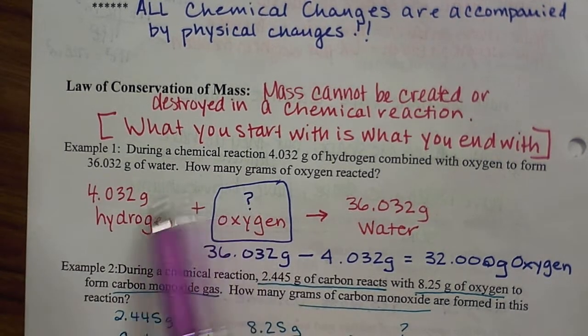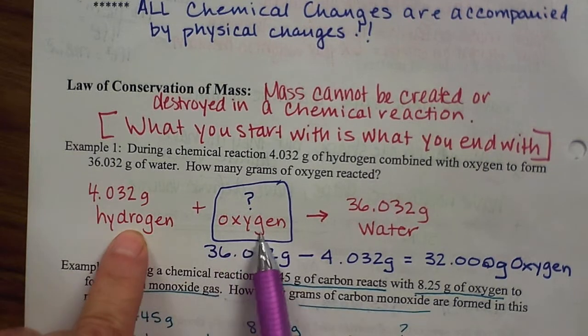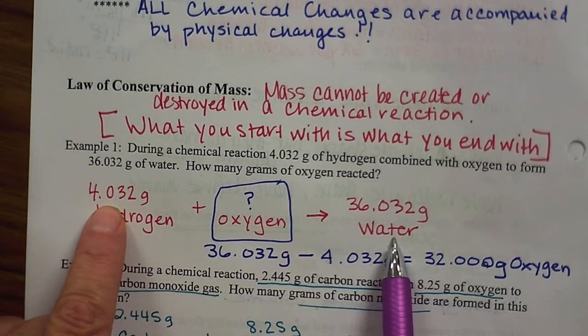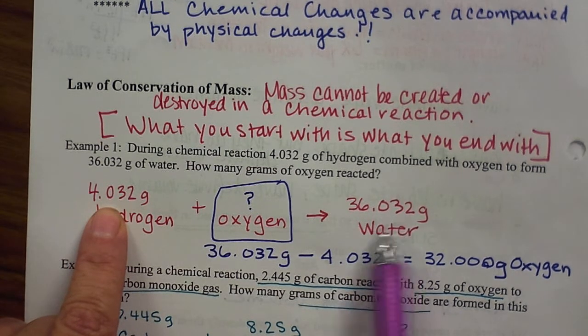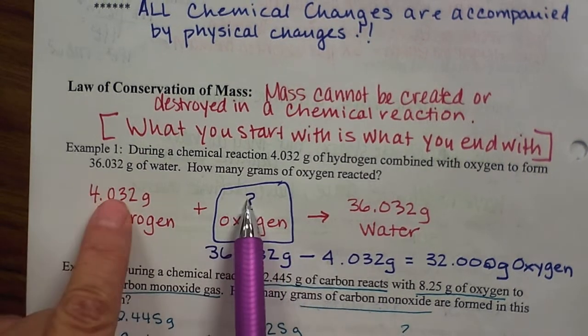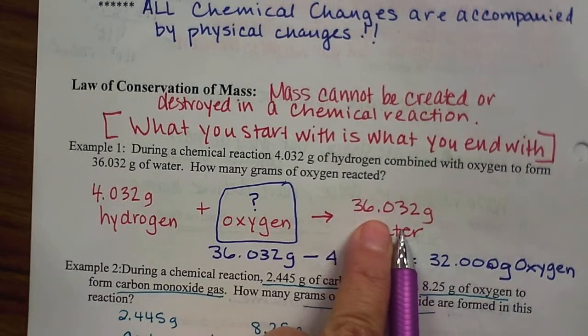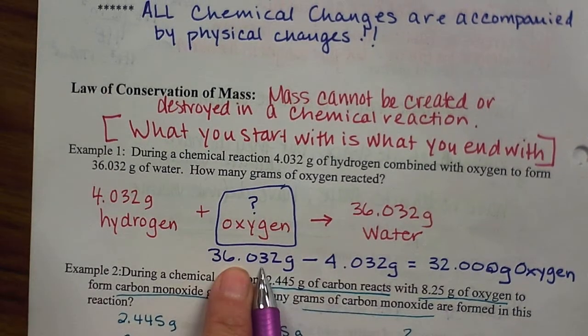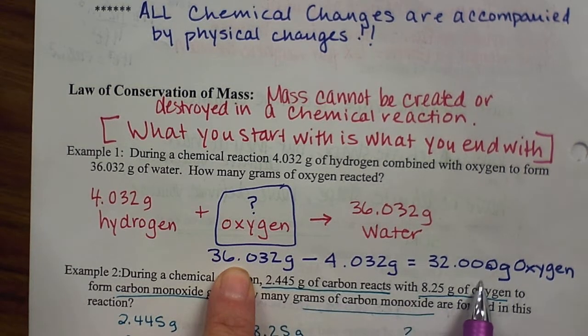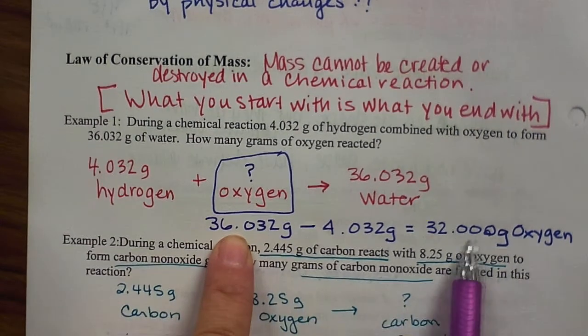If I write out my equation, hydrogen plus oxygen makes water, and I have 4.032 grams of hydrogen and end up with 36.032 grams of water. The mystery is how much oxygen there is. But I know that what I start with is what I end with. So I take the water mass and subtract off the hydrogen mass, and what's left is the oxygen mass.